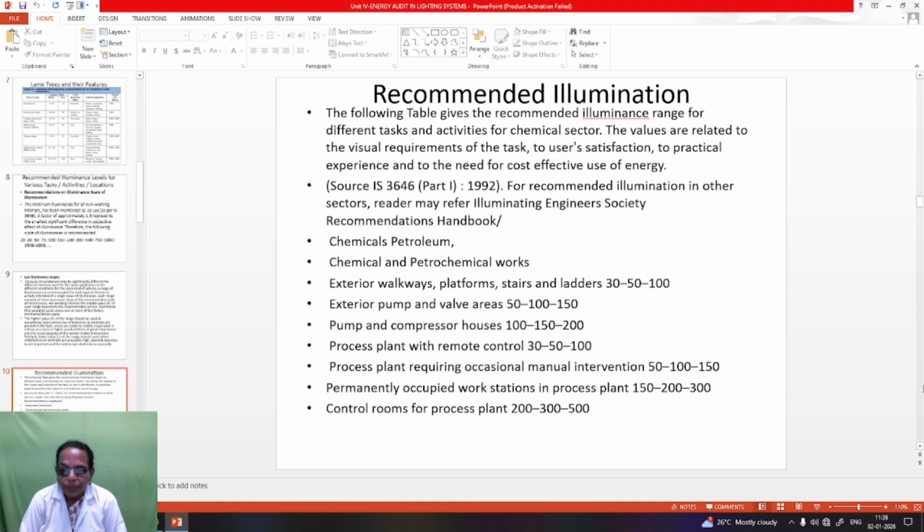Process plant and remote control, 30, 50, 100. Process plant requiring occasional manual intervention, 50, 100, 150. Permanently occupied work sections in process plant, 200, 300. Control room for process plant, 200, 300, 500.